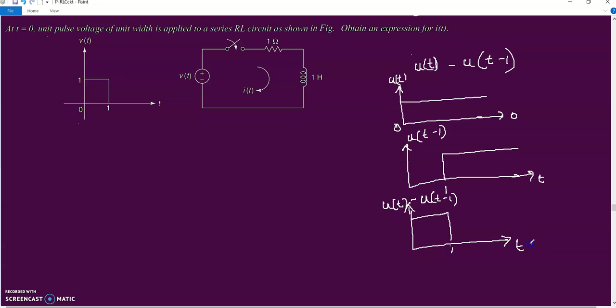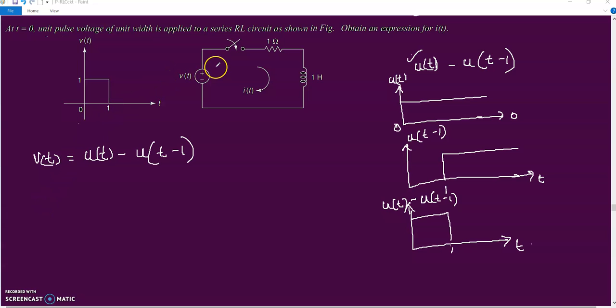First of all, we have to understand the input signal. So now we have understood the input signal, and we can write v(t) equals u(t) minus u(t minus 1).